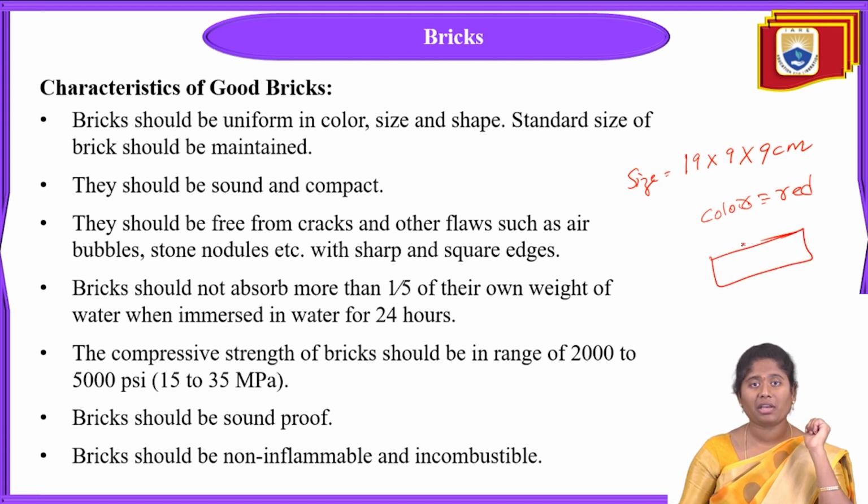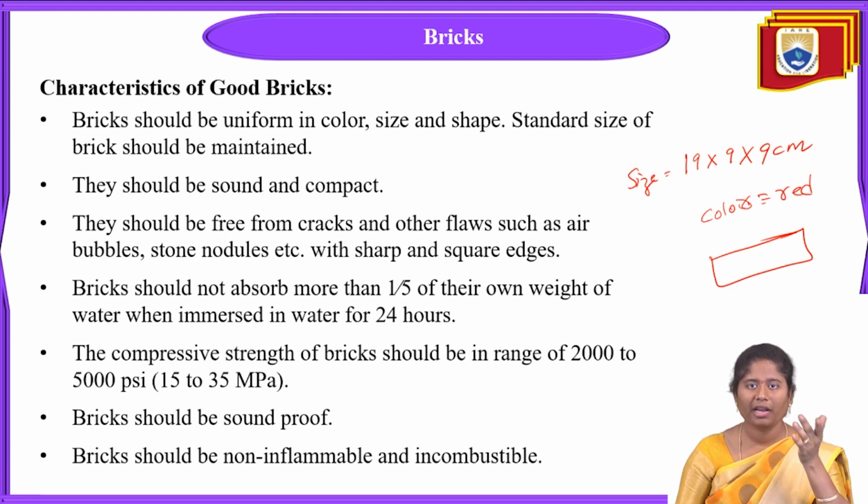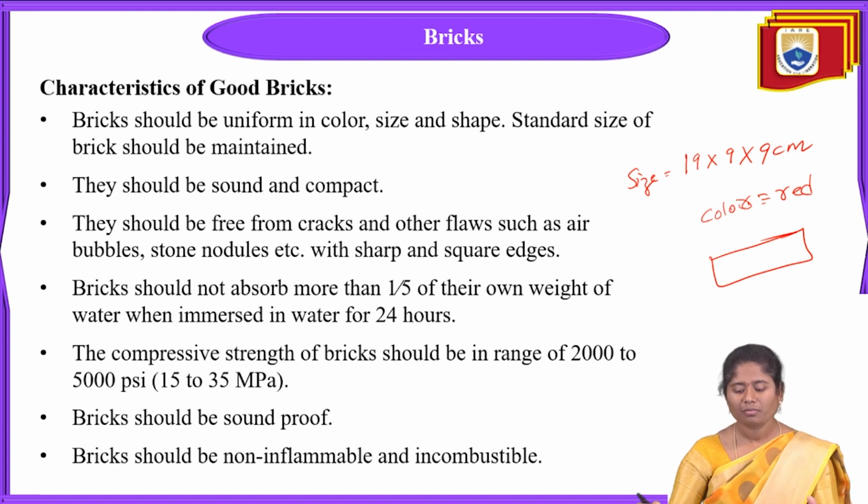We want our brick in rectangular shape only. And the standard size of that brick should be maintained. That is very, very important, because that is the standard size we are going to maintain for each and every brick. Its shape is very important, and its color is also very important.